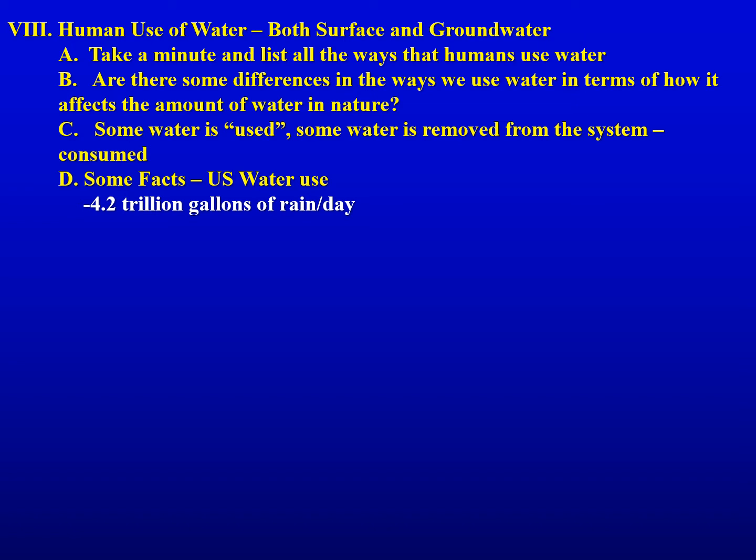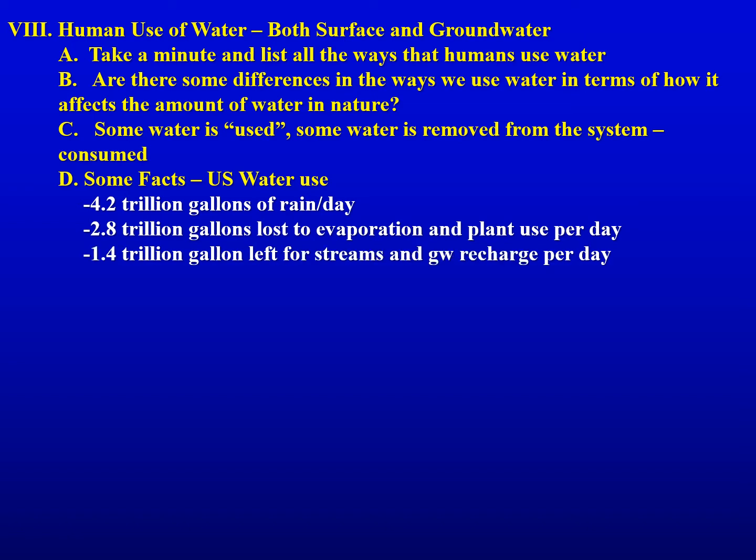So 4.2 trillion gallons of rain falls per day. Of that, 2/3 of it either is evaporated or sucked up by plants. So that leaves 1/3 of it to run off and infiltrate into the ground.